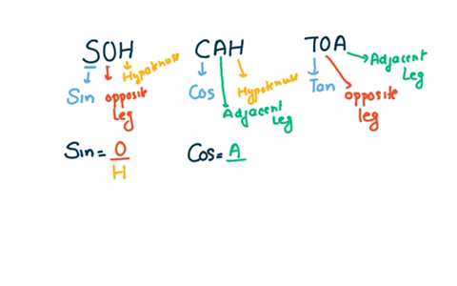Tangent is opposite over adjacent. You just have to look at the position of the angle, and then based on that: for sine, opposite leg over hypotenuse; for cosine, adjacent leg over hypotenuse; and for tangent, opposite leg over adjacent leg.